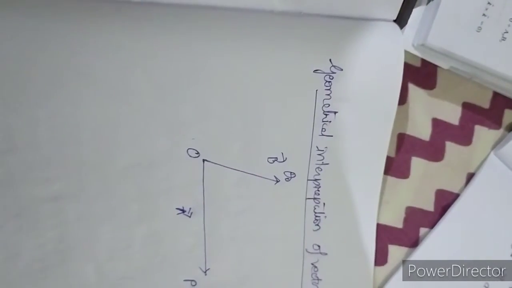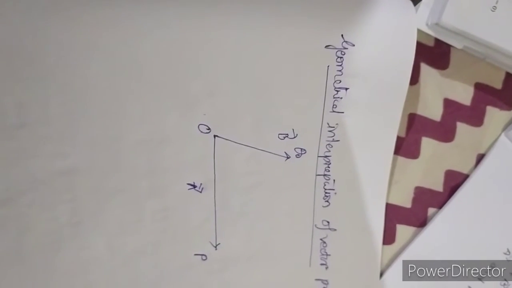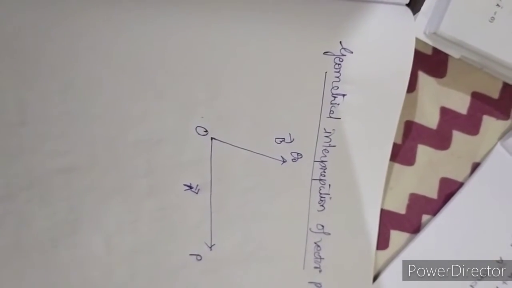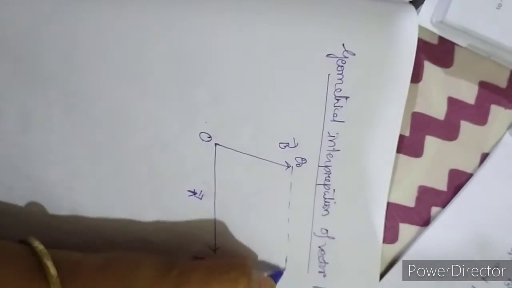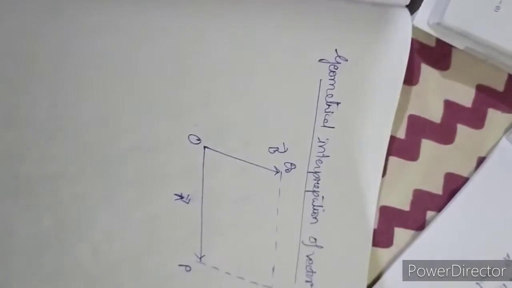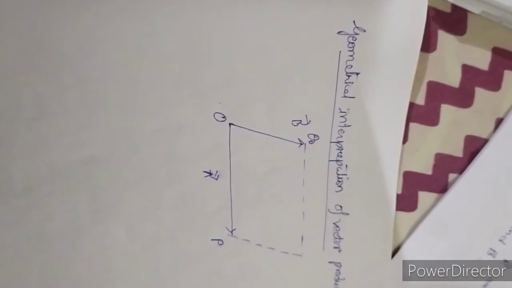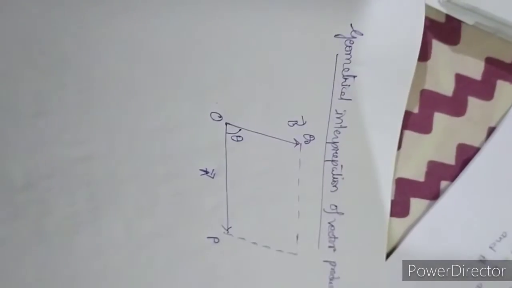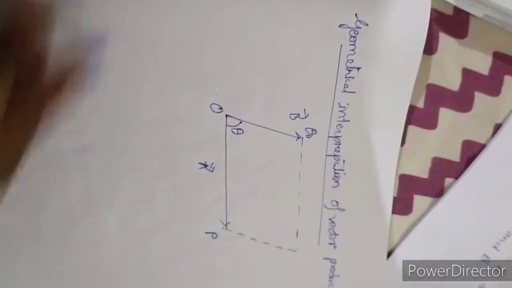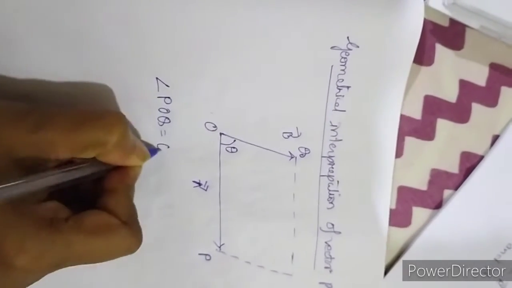They are representing the two sides of a parallelogram, like the one I used for the parallelogram law of vector addition. Now, let us consider the angle between the two vectors is theta. That means I can write angle POQ is equal to theta.